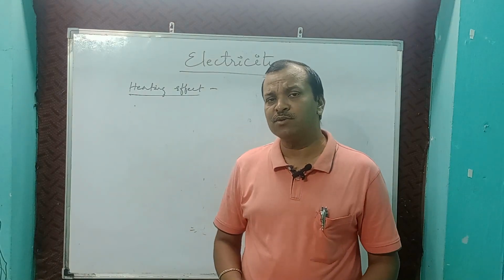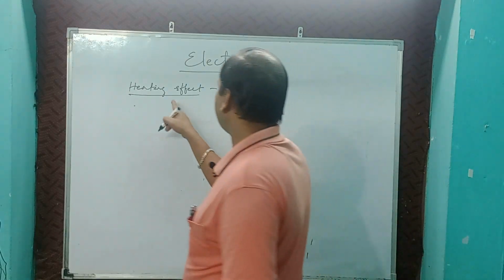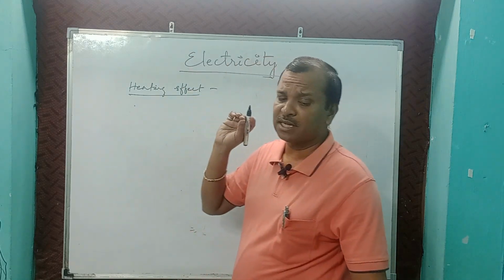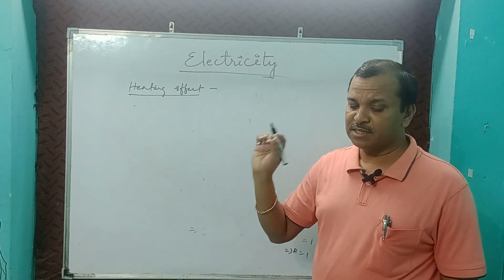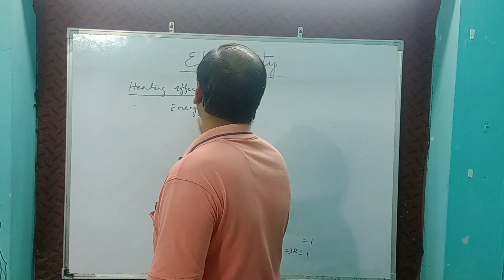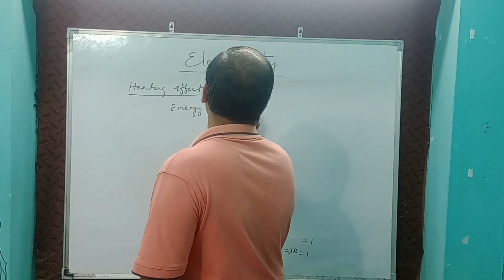So energy is equal to power into time. From the heating effect, what type of energy will be generated? That is heat energy. Energy is equal to power into time.